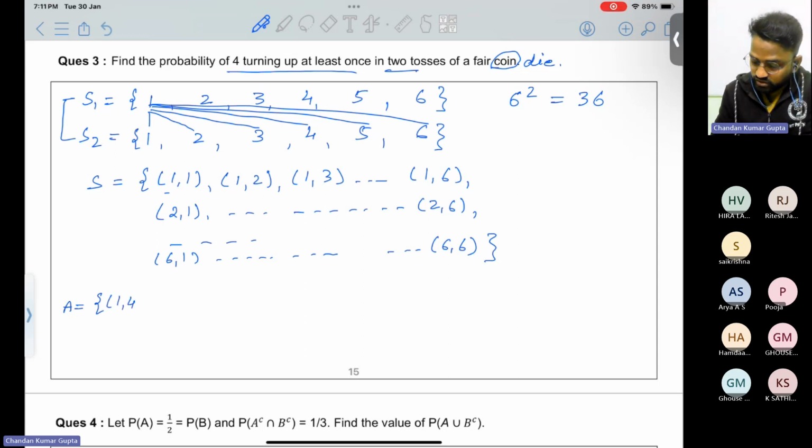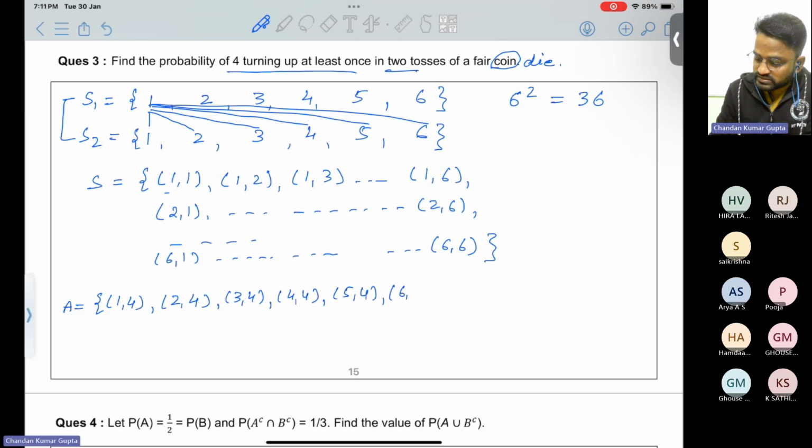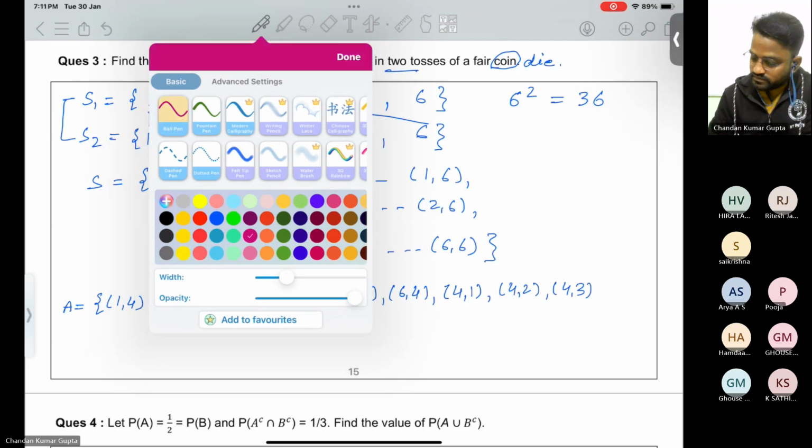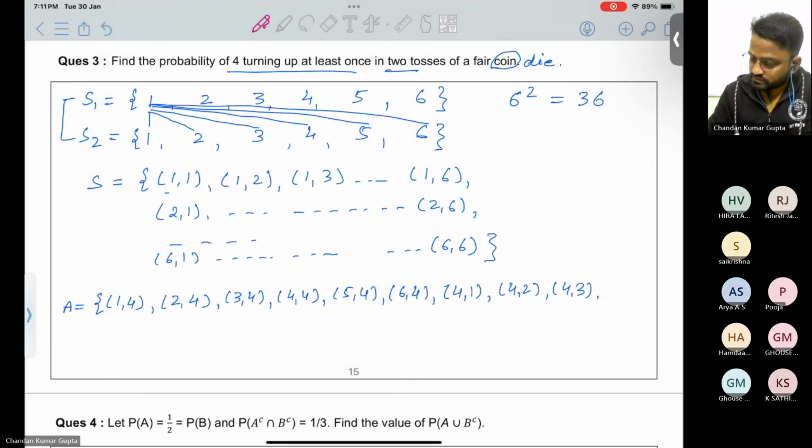Like 1 4 in the first row, then 2 4, then 3 4, then 4 4, then 5 4, then 6 4, and then what? 4 1, 4 2, 4 3, 4 4.